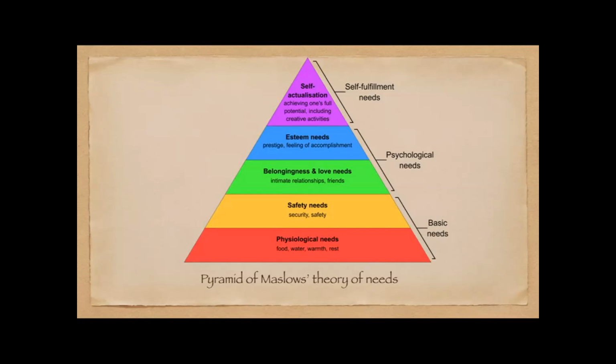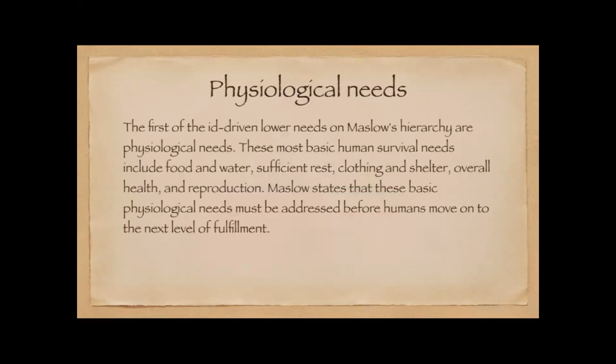After fulfilling all the needs at the lower levels, Maslow said this is the final and highest level of needs. So let's go with the first, physiological needs.